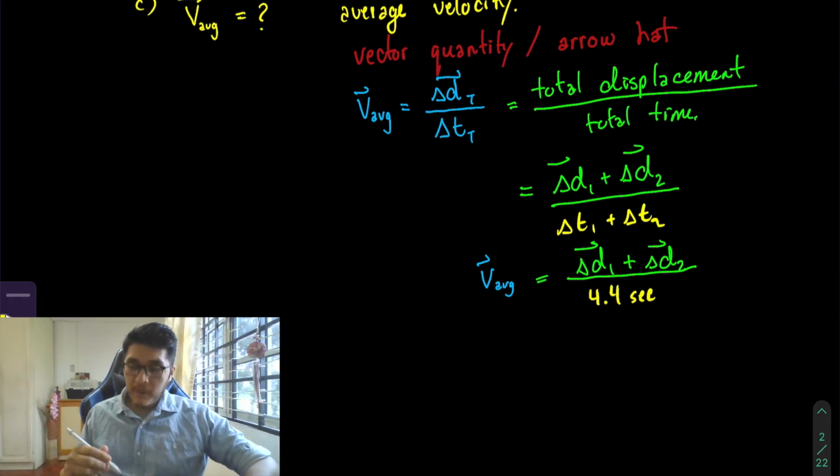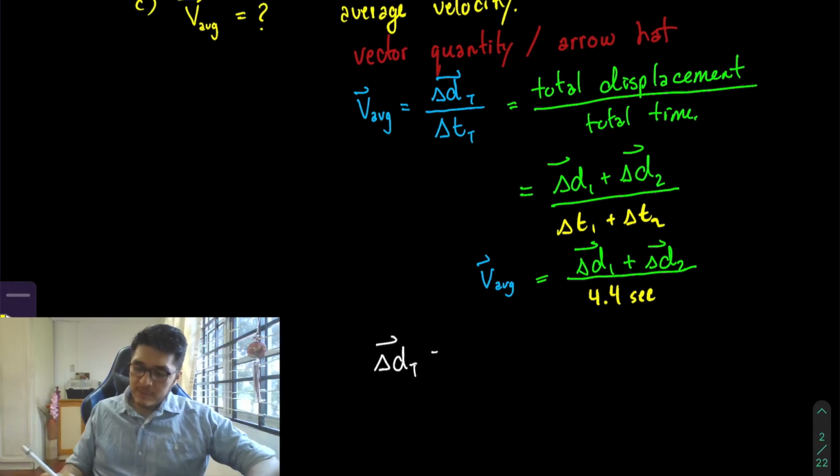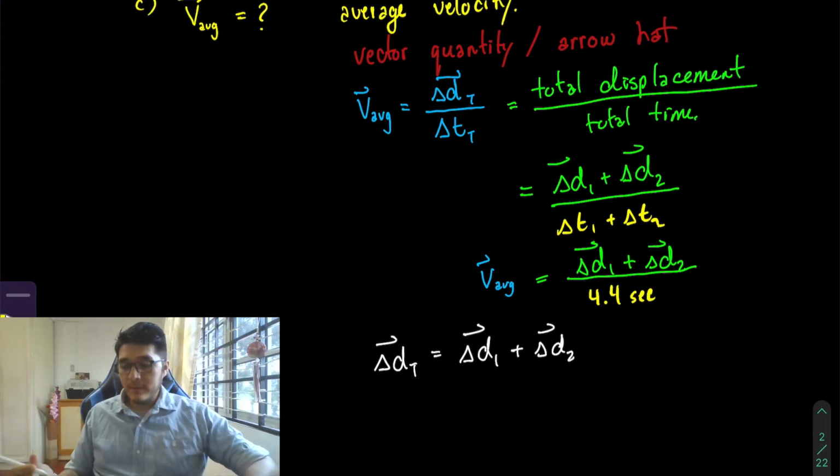So we're going to take a mathematical aside and do this separately. The total displacement is the sum of the individual displacements. Now this is a vector quantity, so we have to do vector addition. This is what makes physics hard. We have to use vectors. So vector addition.